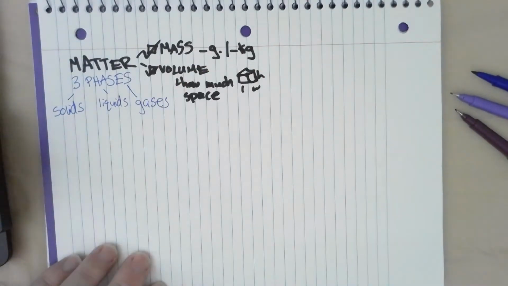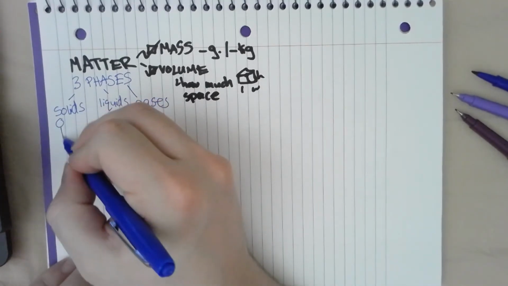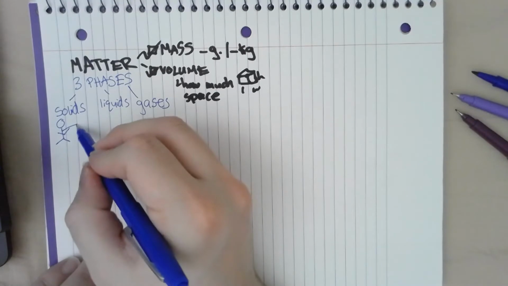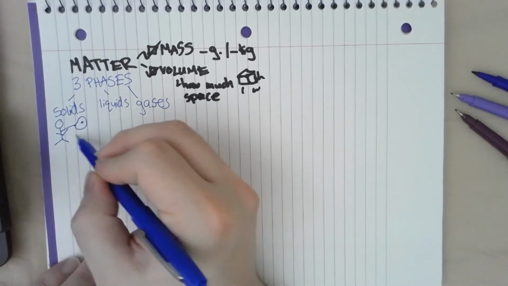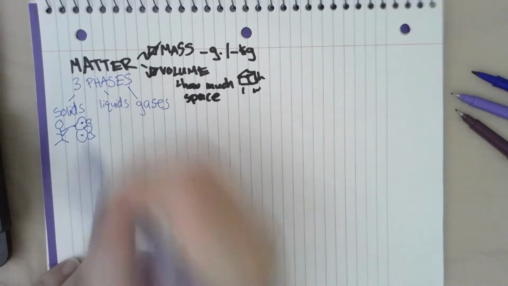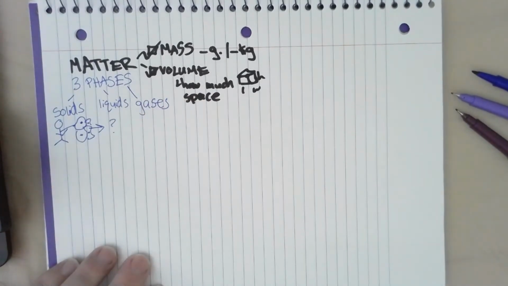Solids like apples, like humans, like you. We already know that all living things are made up of one or more cells, right? But what are these cells made out of?